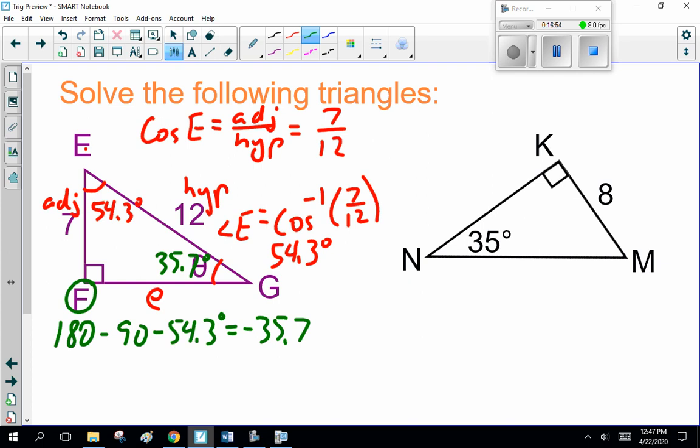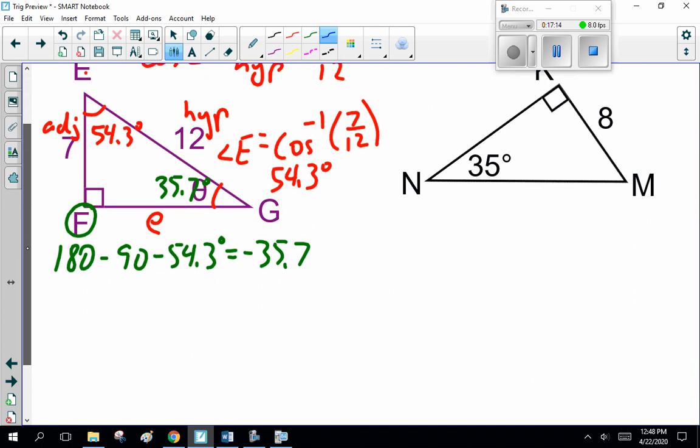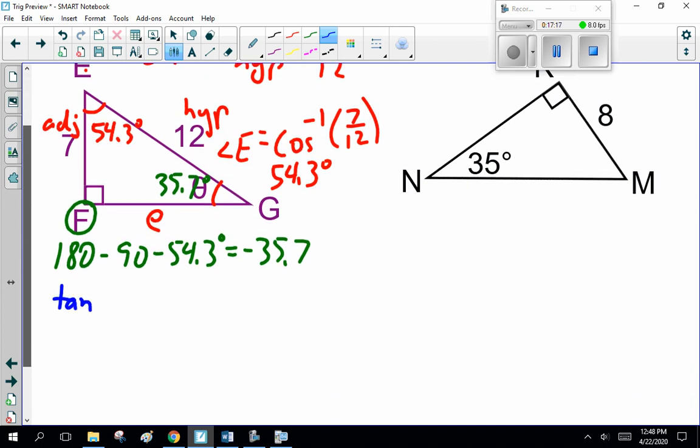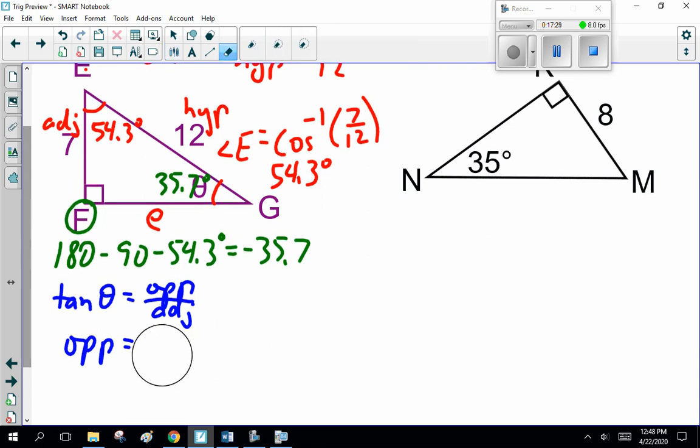Now, the last thing is how to find side E. Well, I can do Pythagorean theorem, I can do cosine, sine, or tan. They're all easy. I'm going to go with tan of theta is opposite over adjacent, so opposite equals adjacent times tan theta.